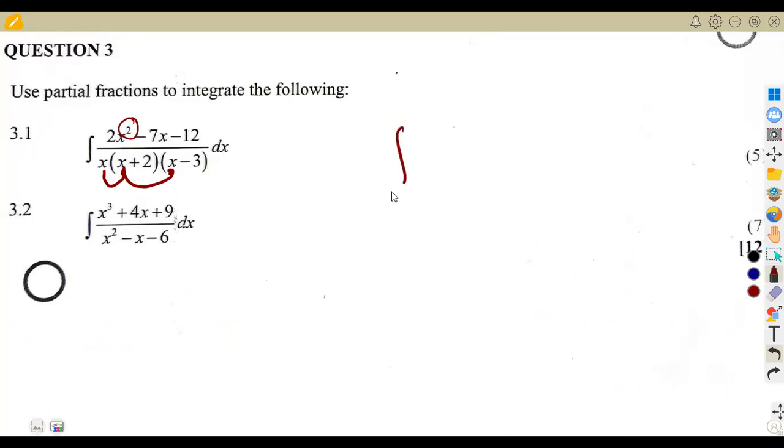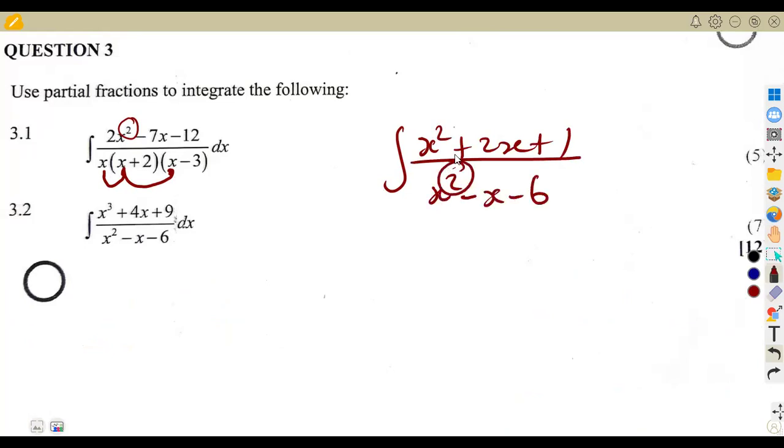But once it is like this, x squared plus 2x plus 1 over x squared minus x minus 6, where they are equal, it's now an improper fraction. Once it increases to 3, 4, 5, it is an improper fraction.